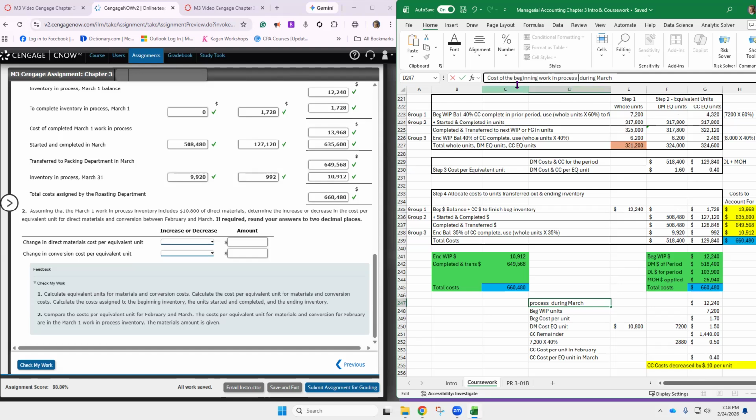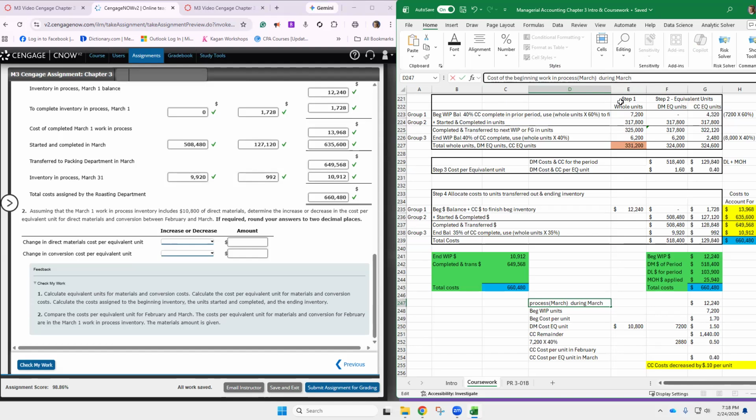the cost of the beginning work in process, and I'm going to put March here. The beginning of March was the ending of February.